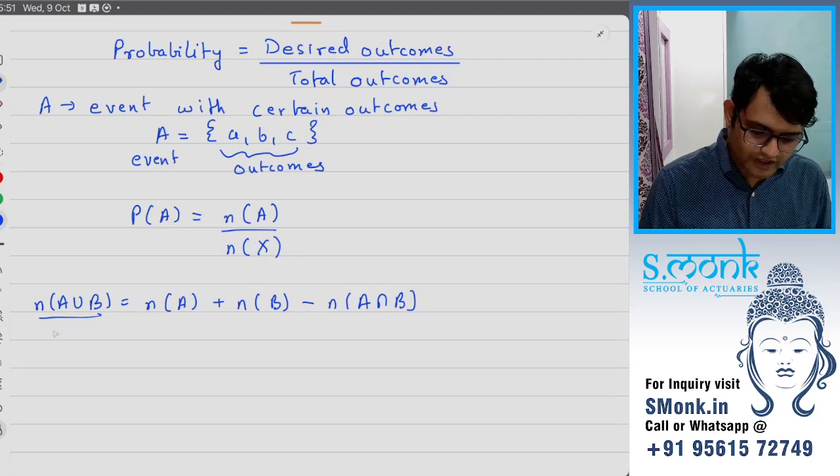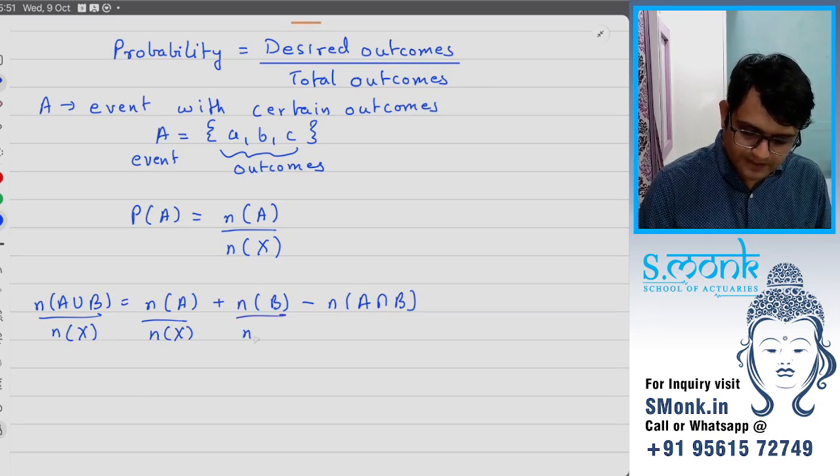If I divide here, I'll divide on the other side as well.